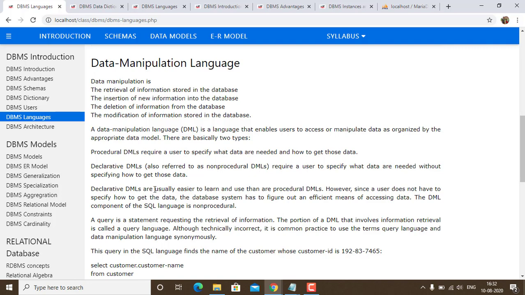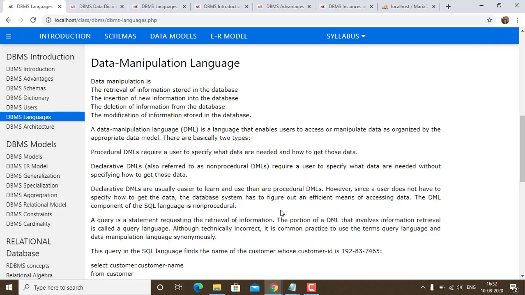Declarative DMLs are usually easier to learn and use than procedural DMLs. However, since the user does not have to specify how to get the data, the database system has to figure out an efficient means of accessing the data.